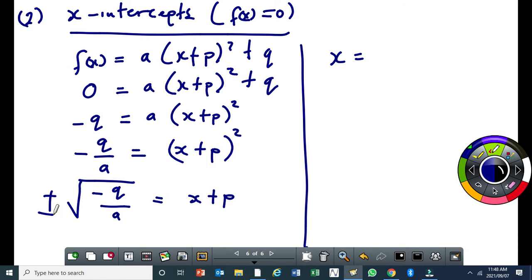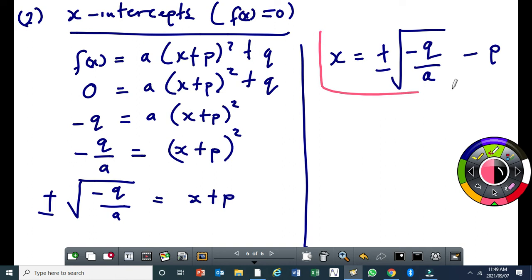Then, if I take the p to the left, we end up getting x equal to plus or minus the square root of minus q over a, all minus p. So this will be the equation which you can use if you want to determine the two x-intercepts.